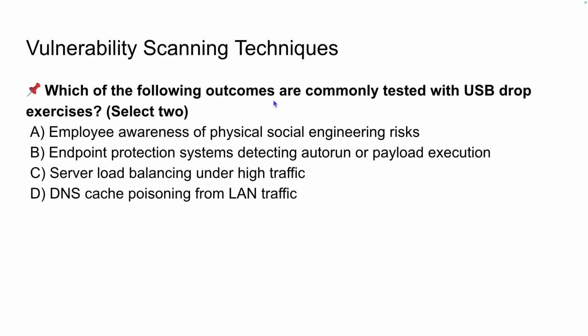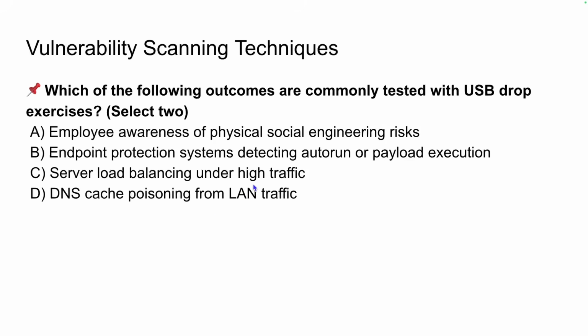Which of the following outcomes are commonly tested with USB drop exercises? 2 answers. So employee awareness of physical social engineering risks, yes. Endpoint protection systems detecting auto run or payload execution, yeah, I would say that. Server load balancing under high traffic, no. DNS cache poisoning from LAN traffic, that's also no. So these two are not a part of physical penetration testing at all.